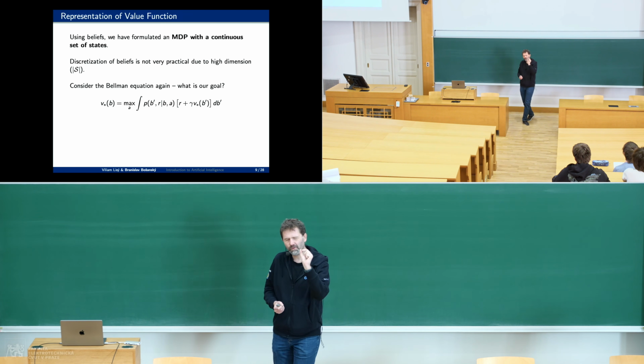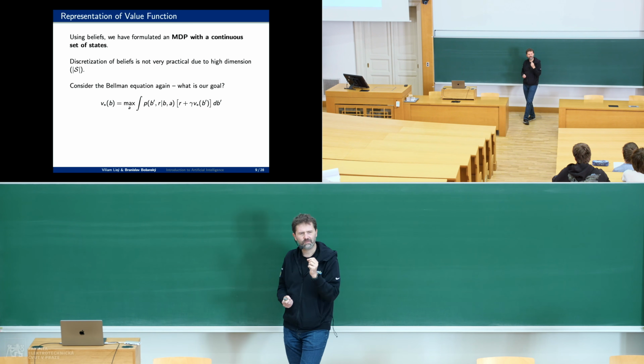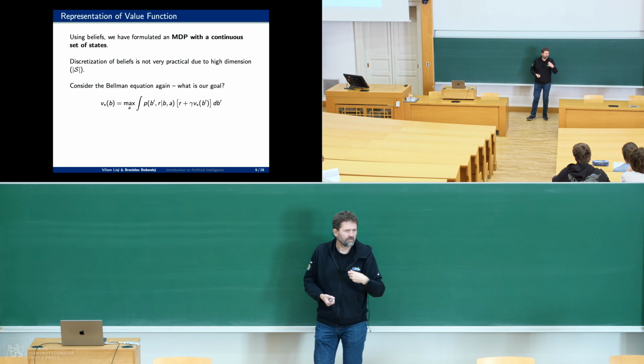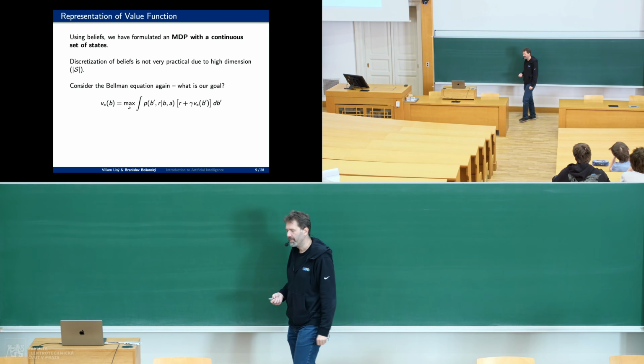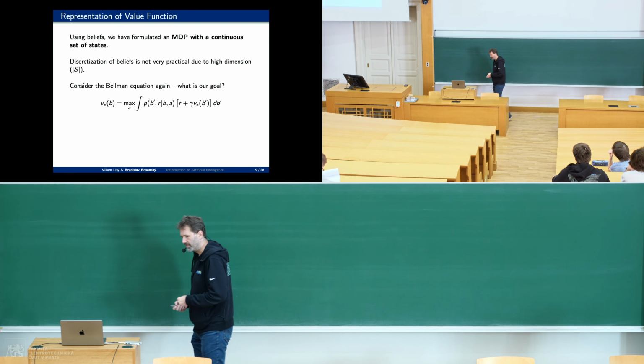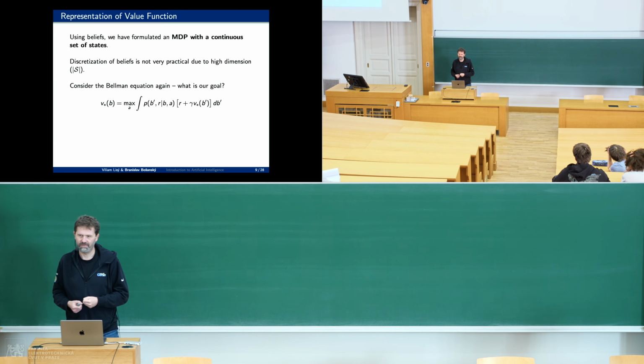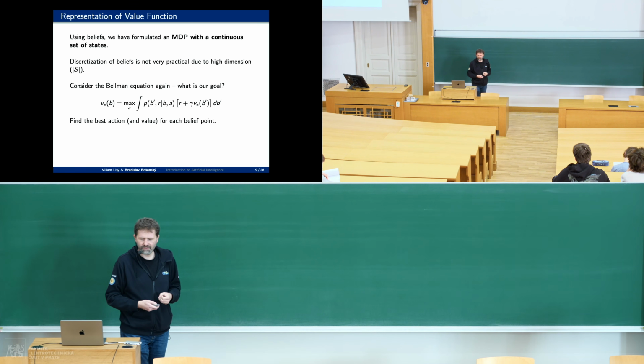But for each belief point, we are looking for some action. Technically, we want to find the best policy, and the best policy is being able to play the best action in every possible belief point. And we have a finite number of actions. This is a key thing.